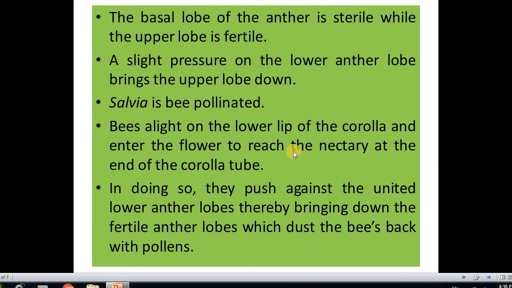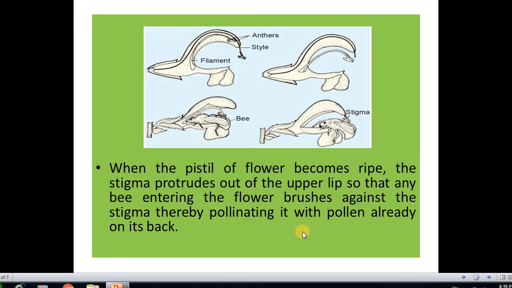So here you can understand. When the bee visits the flower, it pushes against the united lower anther lobes, thereby bringing down the fertile anther lobes, which dust the bee's back with pollen. Now this bee, with pollen grains on its back, goes to visit another flower. When the pistil of the flower becomes ripe, the stigma protrudes out of the upper lip, so that any bee entering the flower brushes against the stigma.